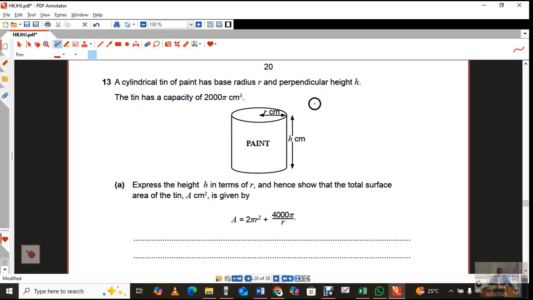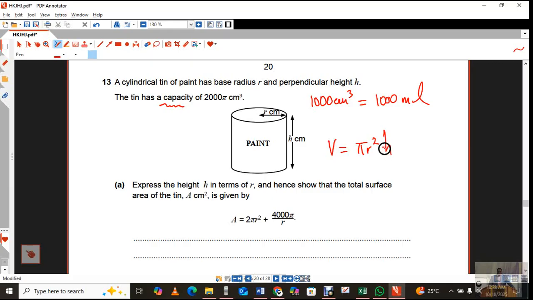Just to explain the concept of capacity and how it relates to volume: 1000 cubic centimeters is the same as 1000 milliliters, so you shouldn't be thrown off, as I'm now working with volume. The volume of this cylinder is going to be pi r squared, the cross section, times the height.